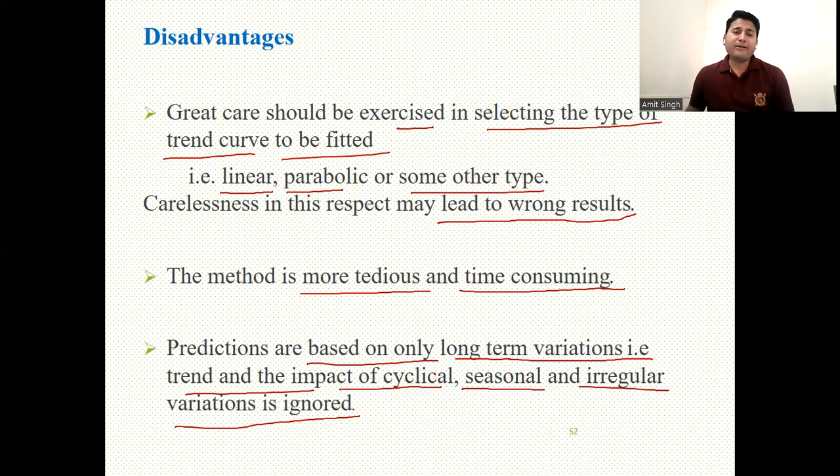That is, if we are following this method, then these 3 or 4 factors are ignored in the long term. So these are the 3 to 4 disadvantages. I hope you understand it.